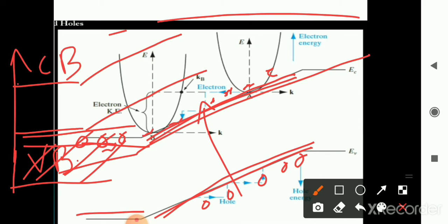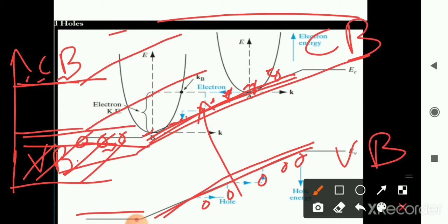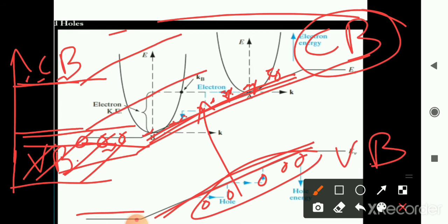So this is our conduction band and this is our valence band. Always holes are present at the top of the valence band and the electrons are present at the bottom of the conduction band.